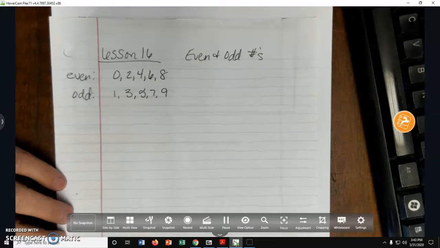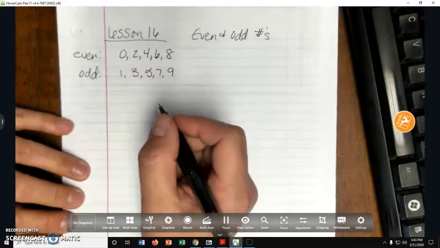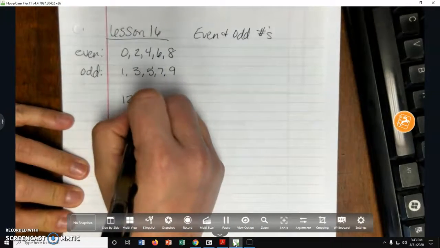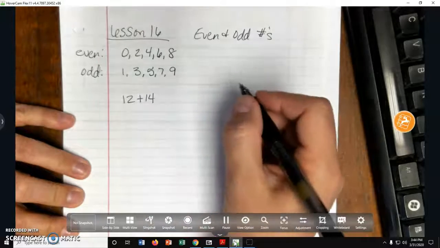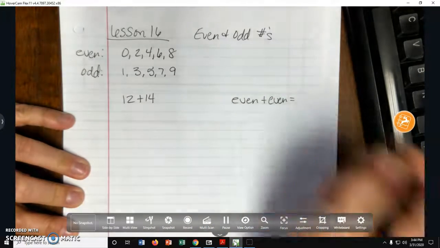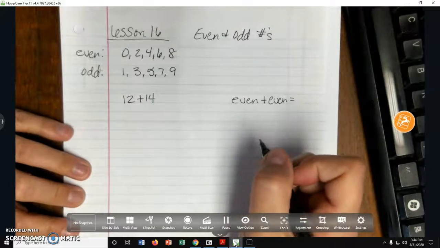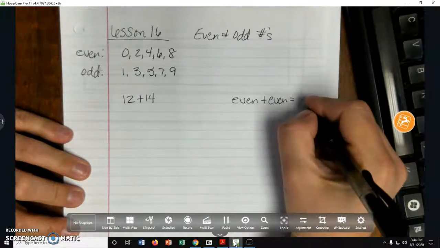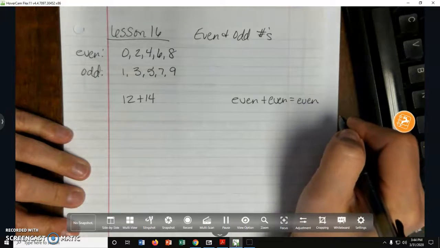So, if we're talking about 12 plus 14, so we're taking an even plus an even. When I take an even number and I add an even number, what am I going to get? That's right, I'm going to get an even number.